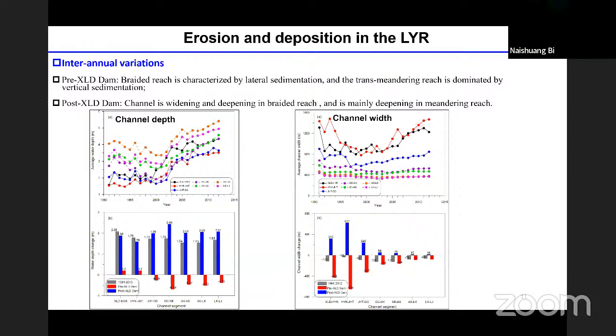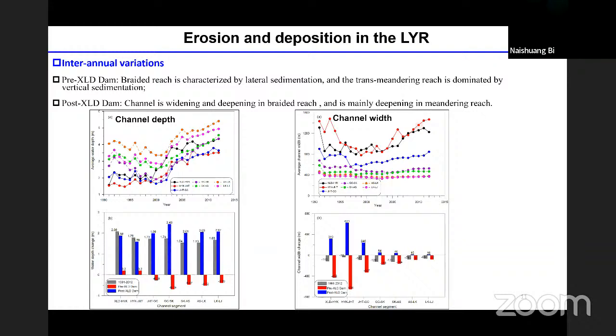You will see that before the Xiaolangdi Dam, the braided reaches had no significant variation in depth, but the channel width decreased significantly. This indicates that the braided reaches are characterized by lateral sedimentation.